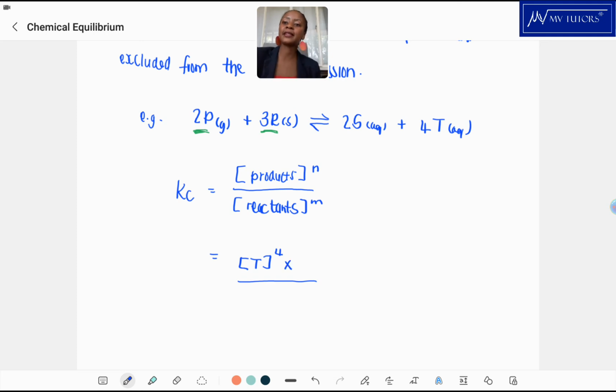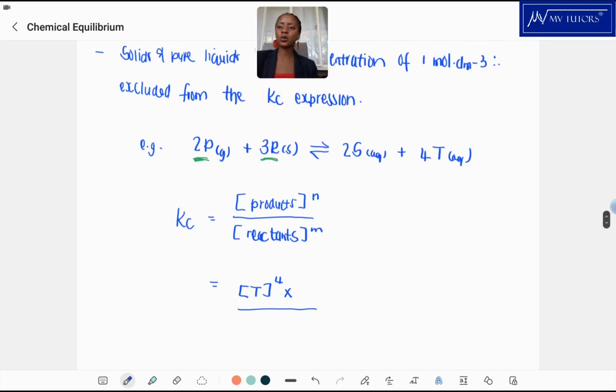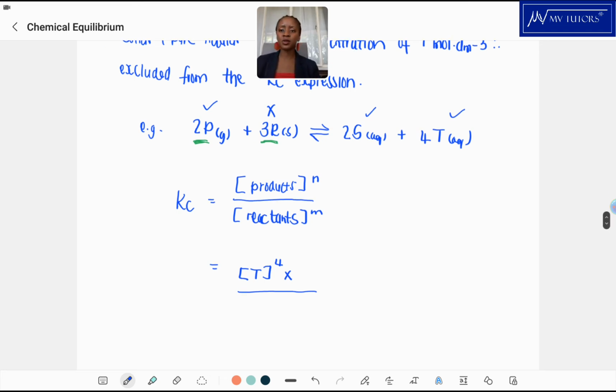Obviously, what will take part in this Kc expression is S, T, and P, but not R, because R is a solid. So we have T to the power 4, and then the concentration of S at equilibrium to the power 2, all over the concentration of P at equilibrium to the power 2.